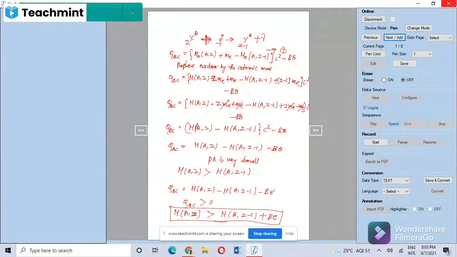In both cases the atomic number decreases by 1 unit, and the mass number remains the same. So this is about the 3 different types of beta decays.